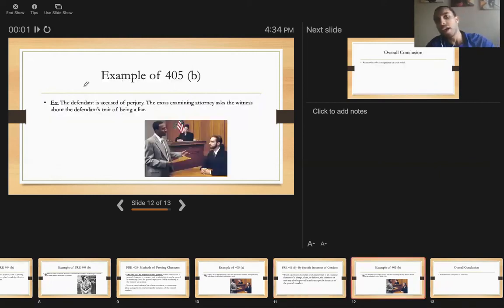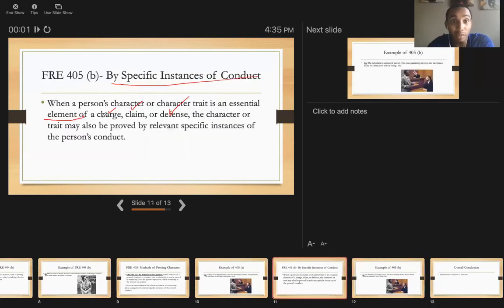Okay, another example of this critical rule is that the defendant is accused of perjury. We all know when you go up to the stand and you lie, that's perjury, right? That's a crime. Let's say the defendant is being charged and there's a trial. Upon cross-examination, the cross-examining attorney will ask the witness about the defendant's trait of being a liar, because again, lying on the stand is an essential element of the charge of perjury.